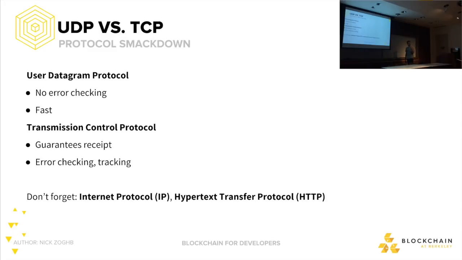So a good analogy that ties all of these together is to think of a highway, right? IP is the highway, or the neighborhood, or the location, whatever you want to think of it as. TCP and UDP are the transport protocols, so you can think of them as trucks. Right? And HTTP is actually the payload that the trucks are carrying.